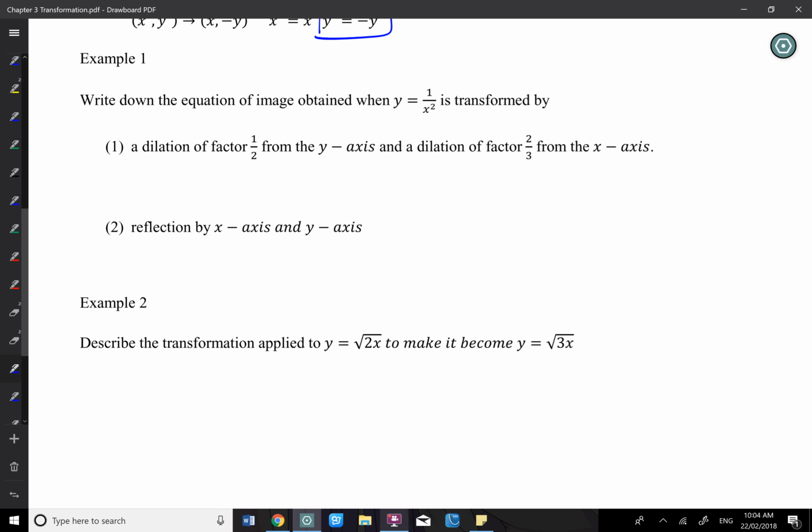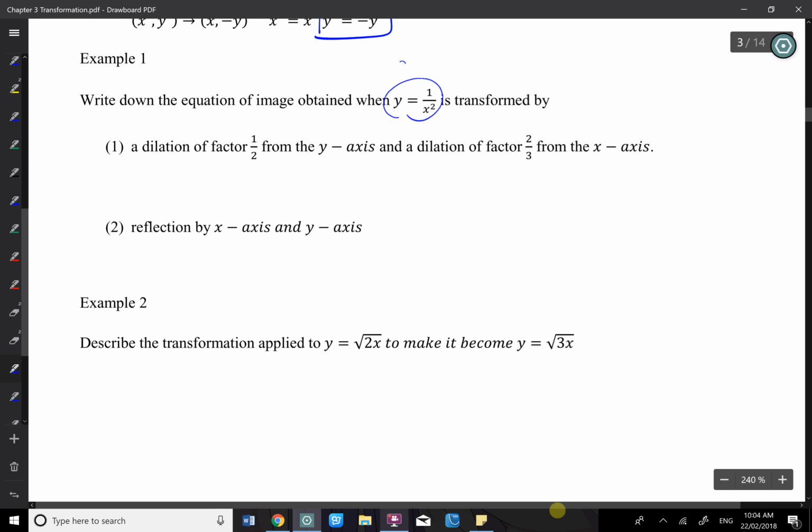Write down the equation of the image obtained when y equals 1 over x squared is transformed by 1 and 2. Let's go for 1 first. This is the original. I have x and y. What I want is the equation of the image, x dash y dash.